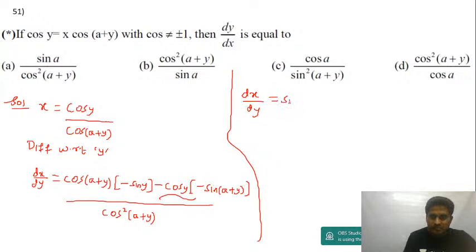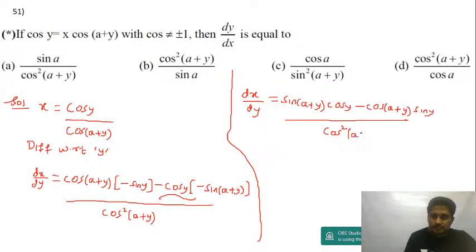So this will be equal to sin of a plus y into cos y, and then minus cos of a plus y into sin y, divided by denominator the whole square. Denominator the whole square will be equal to cos square of a plus y.